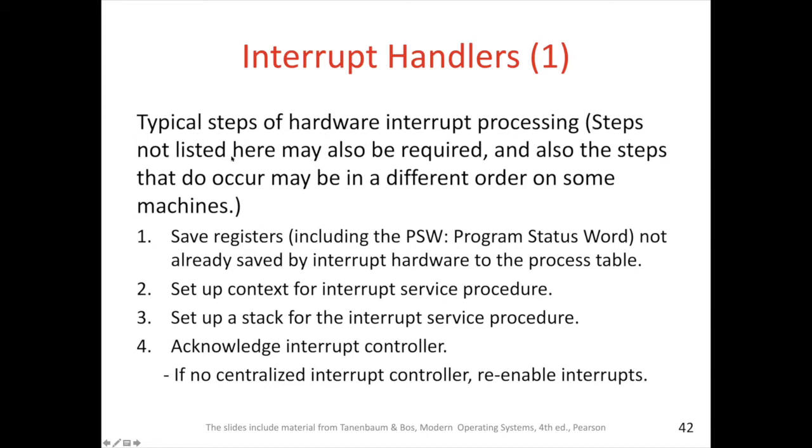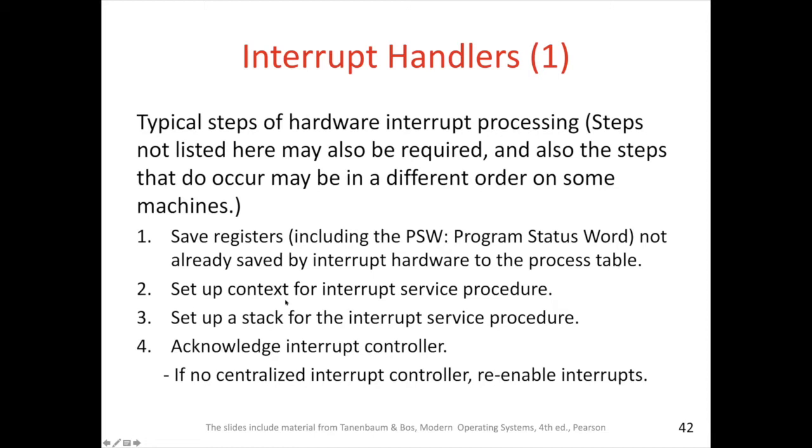Steps not listed here may also be required, and also the steps that do occur may be in different order on some machines. 1. Save registers, including PSW, this is program status word, not already saved by interrupt hardware to the process table. 2.